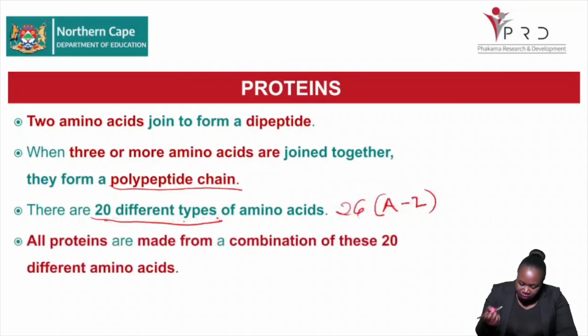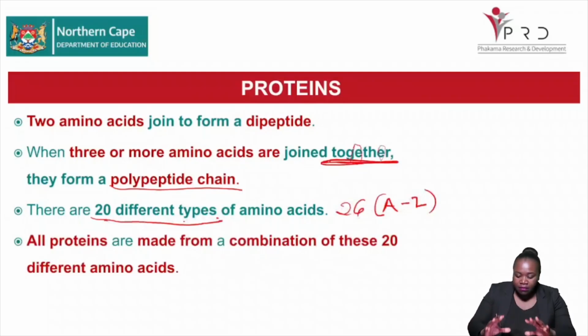So just like we have 26 alphabets from A to Z, we have 20 different amino acids. But remember, just like with the letters, we can have maybe the word together. As we can see here, the letter E appears twice. However, we still have 26 different letters, but the letter E appears twice here. So that is how amino acids are also going to work.